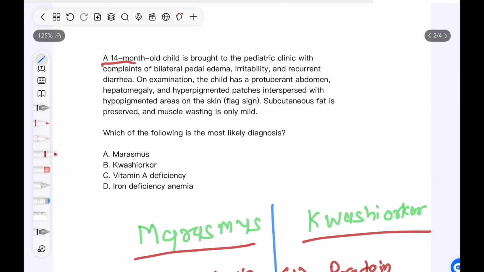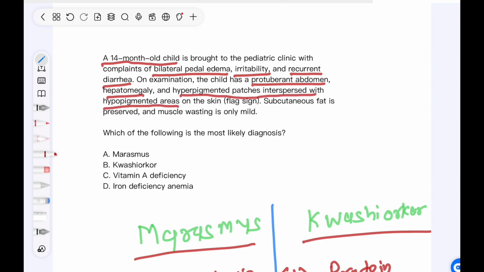A 14-year-old child is brought to the pediatric clinic with complaint of bilateral pedal edema, irritability and recurrent diarrhea. On examination, the child has protruded abdomen, hepatomegaly and hyperpigmented patches interspersed with hypopigmented area on the skin, fleck sign.